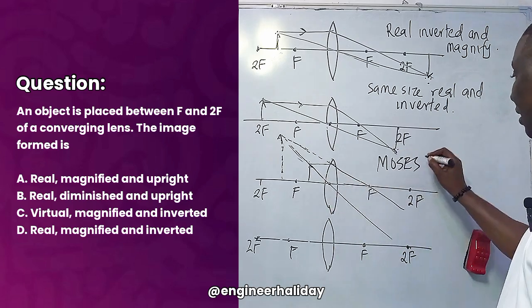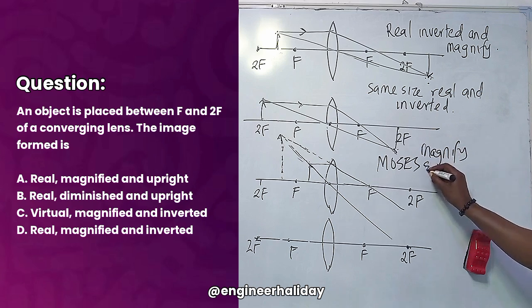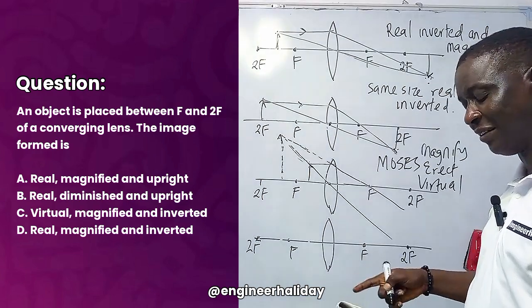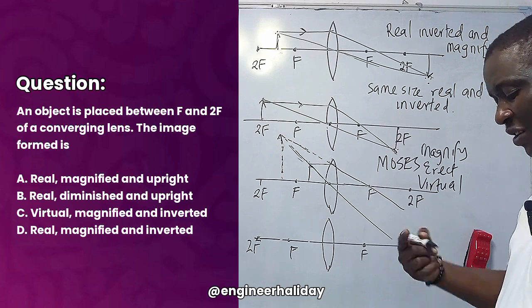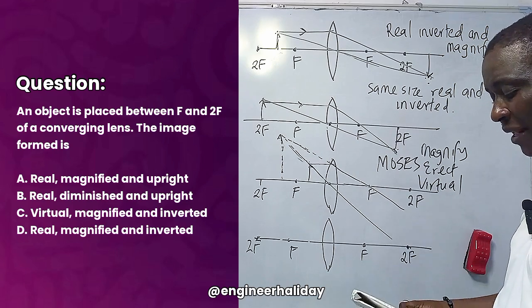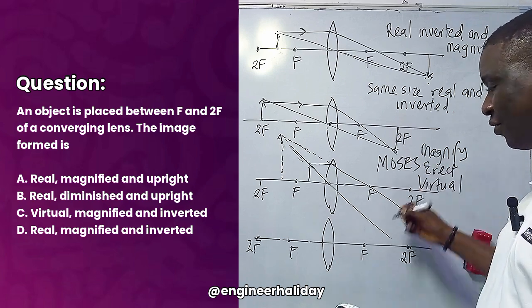So this one is magnified, erect, that is upright, and virtual. If you chose option A, real, magnified, and upright, no, that's not the answer. Some people choose real, miniature, but that is not the answer either.